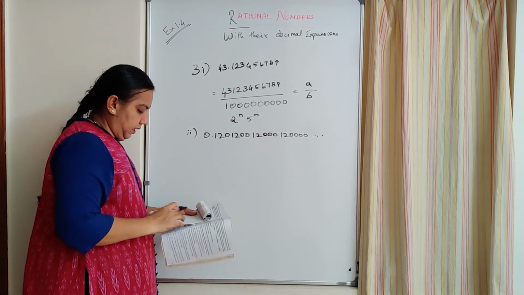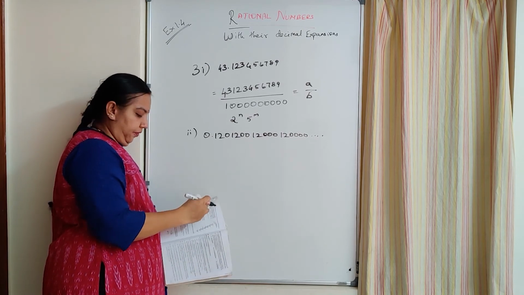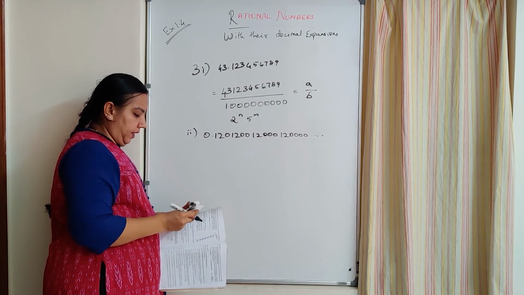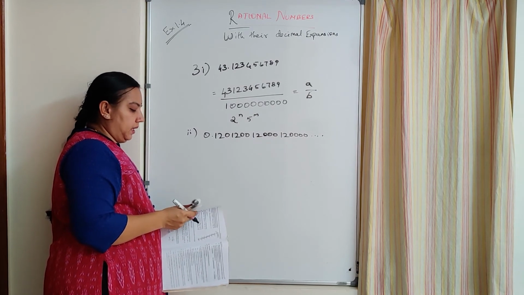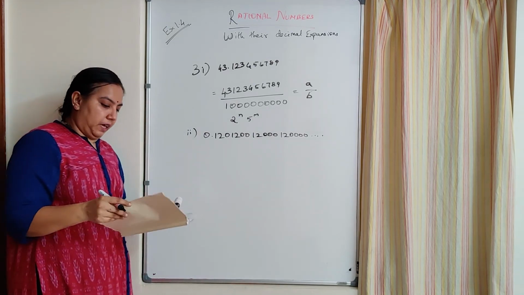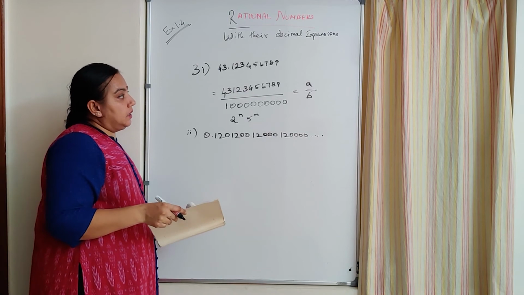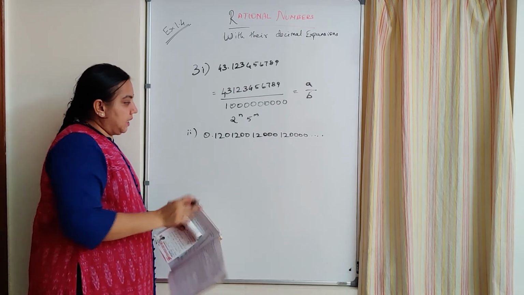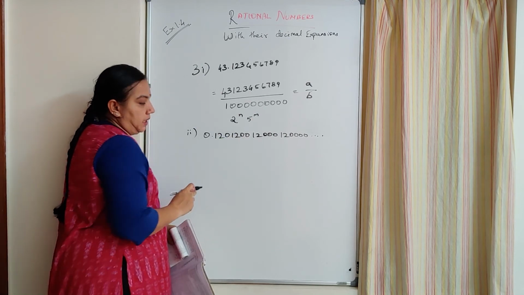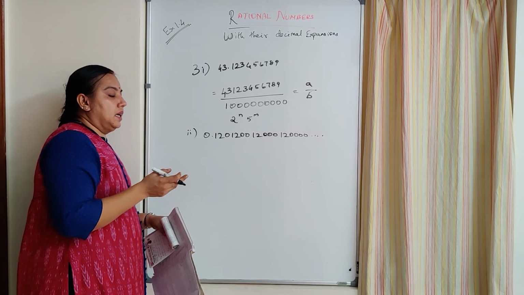They are saying this number is not terminating. When it's not terminating, what happens? We cannot have a proper definite denominator. When we are not able to have a proper definite denominator, it cannot be written in the form of A by B or P by Q, and for that reason this becomes an irrational number. And again, this number does not repeat the same digits. If it were 120, 120 repeated again, then at least we could say it is a non-terminating repeating rational number.